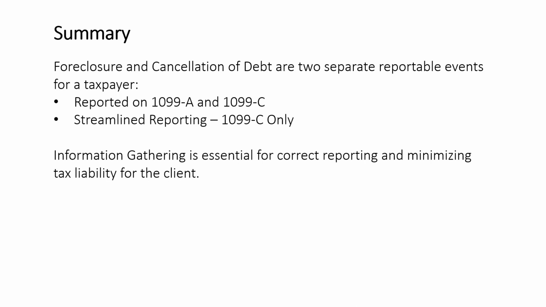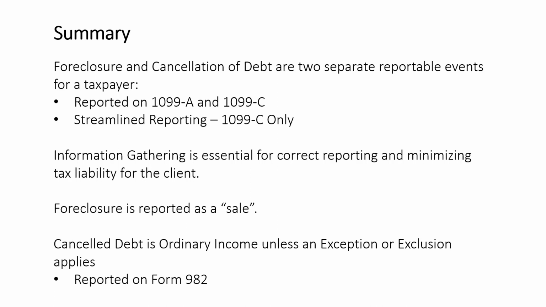Information gathering is essential for correct reporting and minimizing the tax liability for our clients. And remember, foreclosure is reported as a, quote, sale. Canceled debt is ordinary income unless an exception or exclusion applies, and we report these on Form 982.